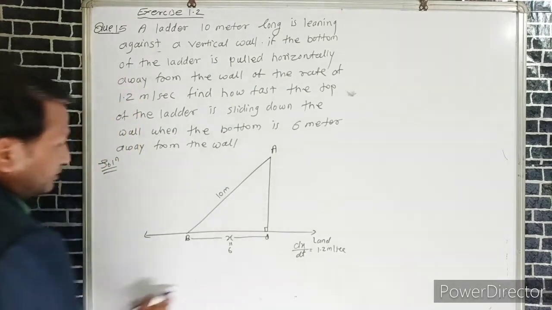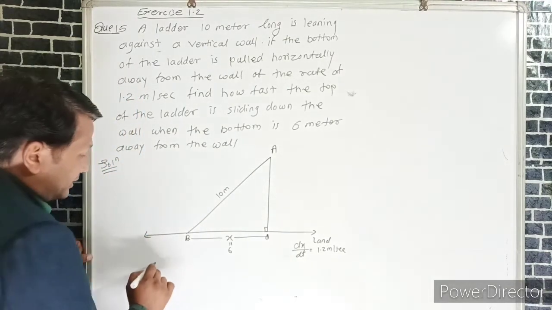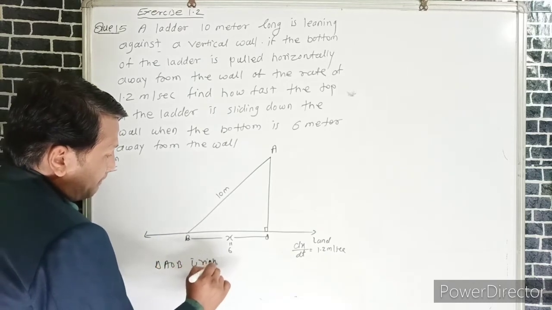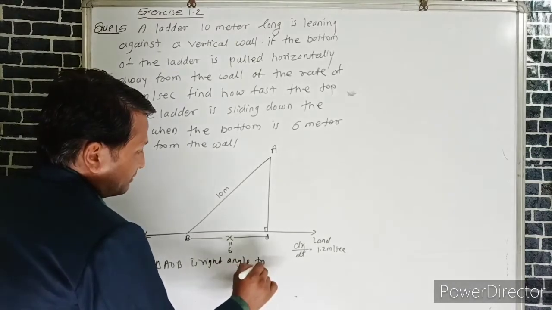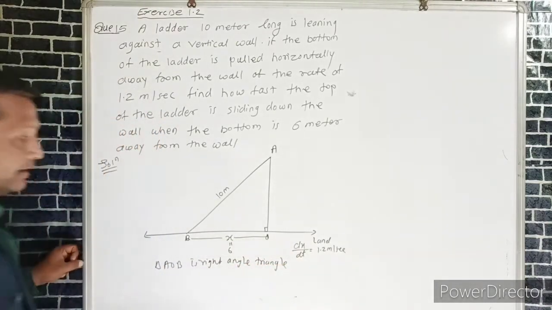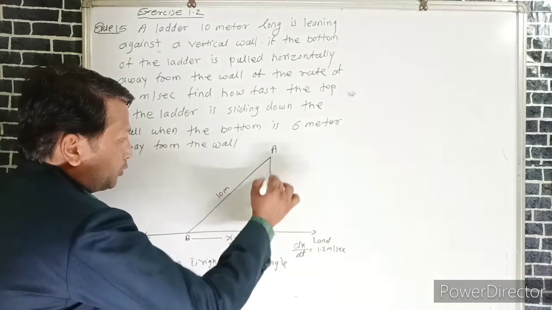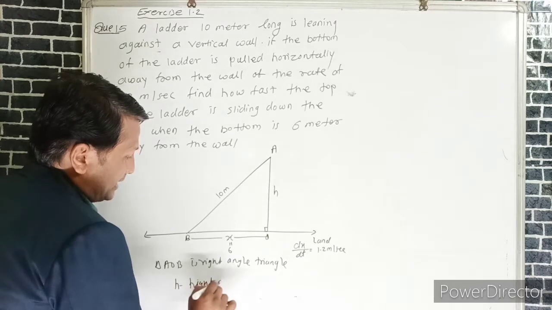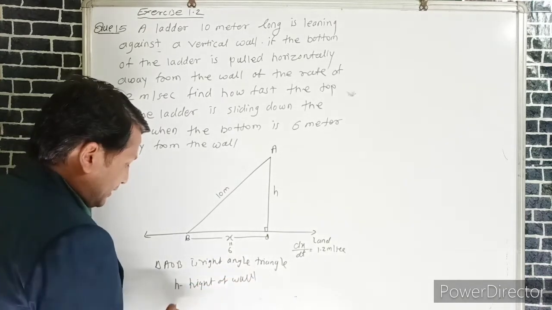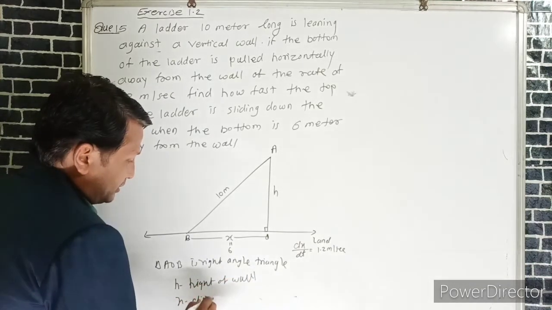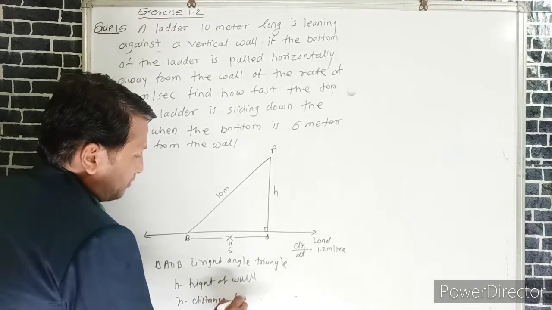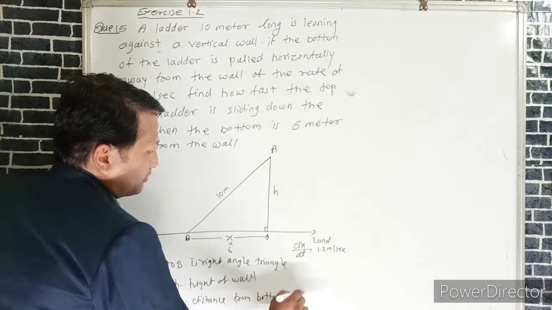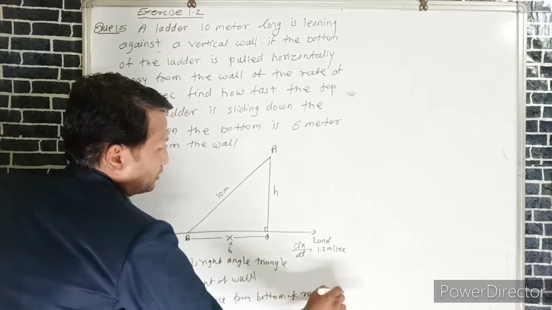So here we can consider that triangle AOB is a right angle triangle. In this triangle, h is the height of the wall and x is the distance from the bottom of the ladder to the wall.